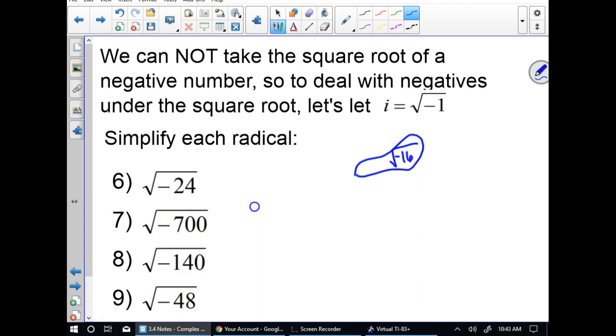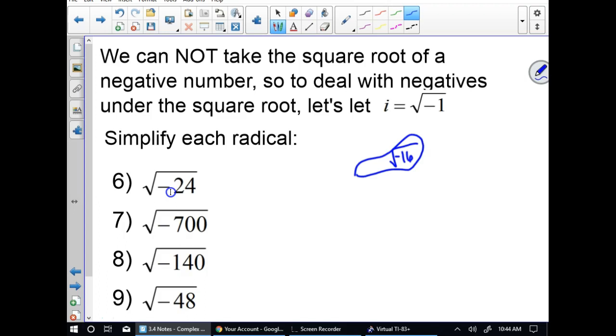So we can't take the square root of a negative number, because if you try to take the square root of a negative number, you have to have something where a number times itself gives you that number, right? So there is no way we can have a number times itself that gives us negative 24, because a negative times a negative would give us a positive, and a positive times a positive would give us a positive.